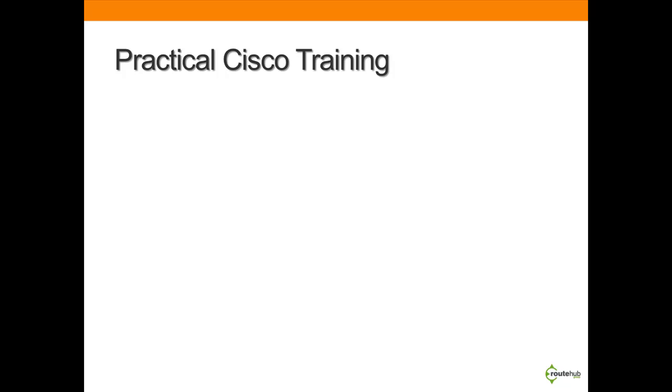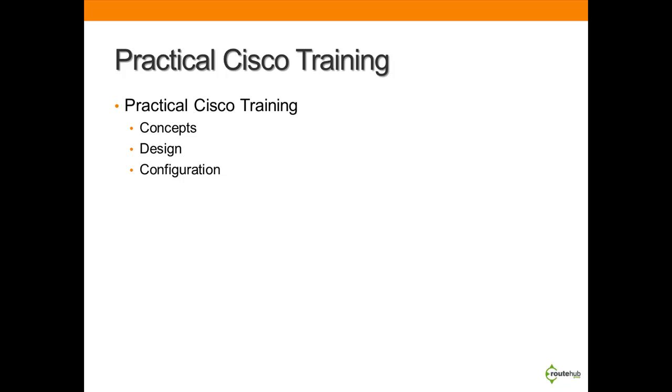So our training workbooks provide practical solutions that are used in real networks that are focused on four major components for learning. You'll learn the concepts, you'll learn how to design, learn how to configure step by step, and learn how to monitor and various troubleshooting tips for Cisco GET VPN for this particular package.